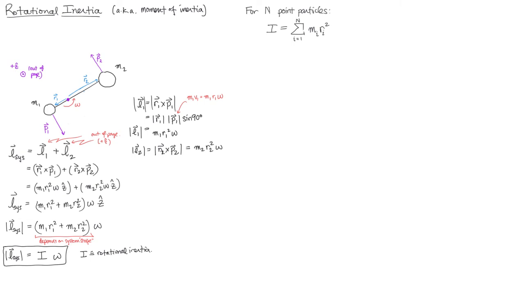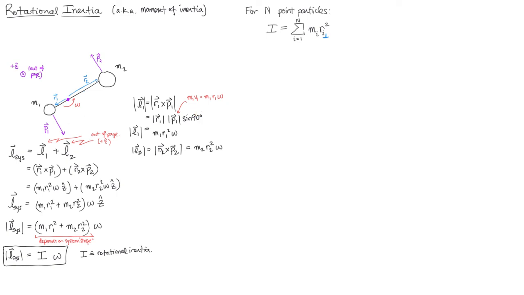But there's a very important caveat here. This r_i is the perpendicular distance between the object and the axis of rotation. What do I mean by perpendicular distance? Well, here we had the fact that the sine of the angle between r and p was 90.